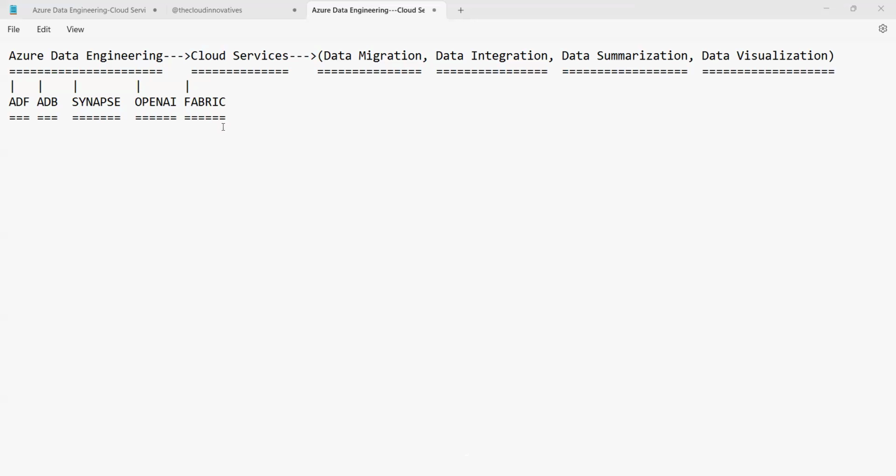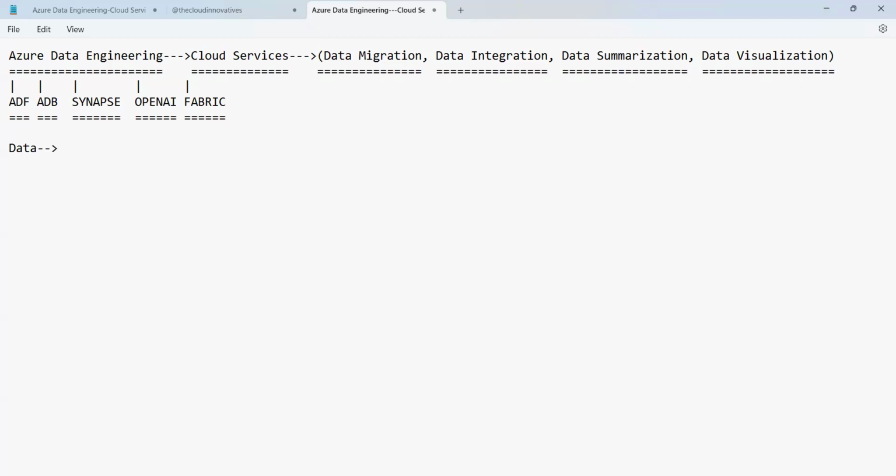The whole process starts from what, guys, everyone? Data. The whole process starts from data, guys. So data means what, everyone?